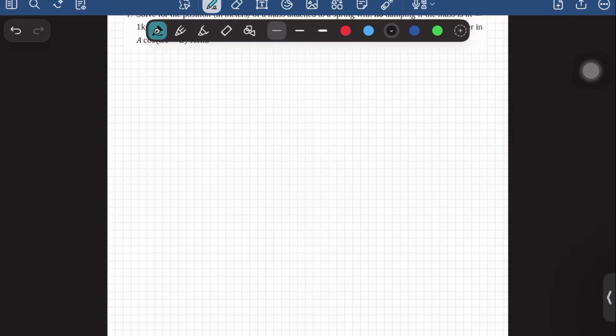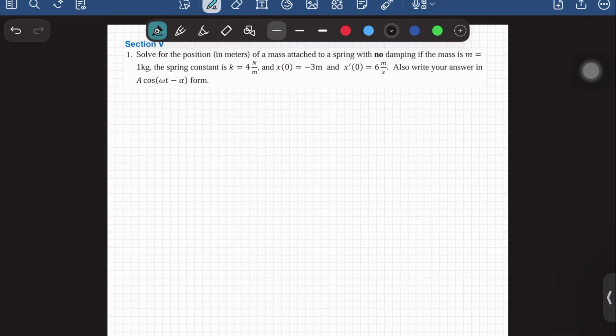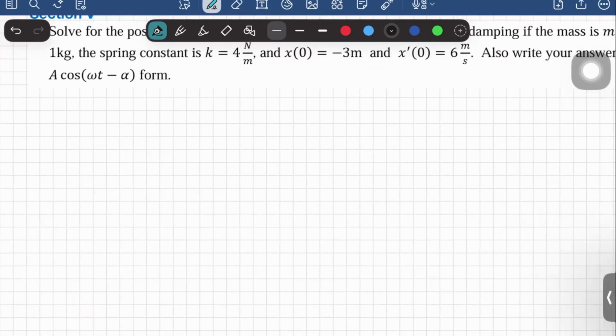Okay, so for an undamped mass spring system, the equation is m x double prime plus kx equals 0, right?